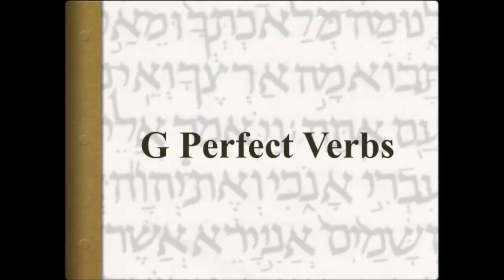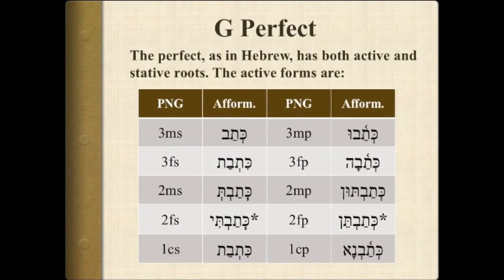The G perfect, or Pa'al perfect, verbs in Aramaic behave in ways similar to what occurs in Hebrew. As in Hebrew, you have both an active root and some stative roots.